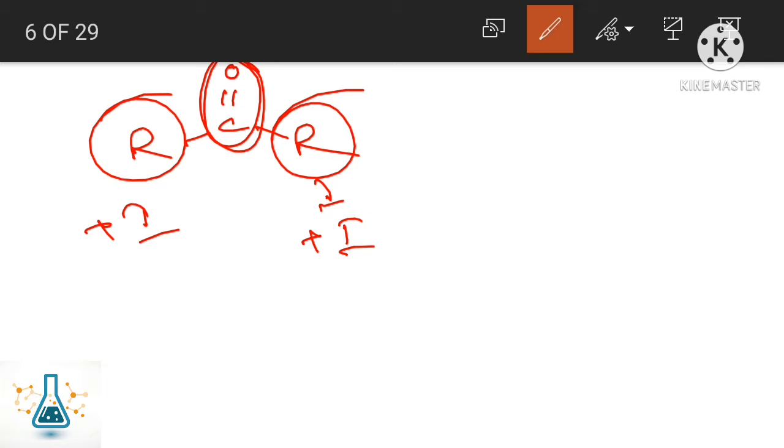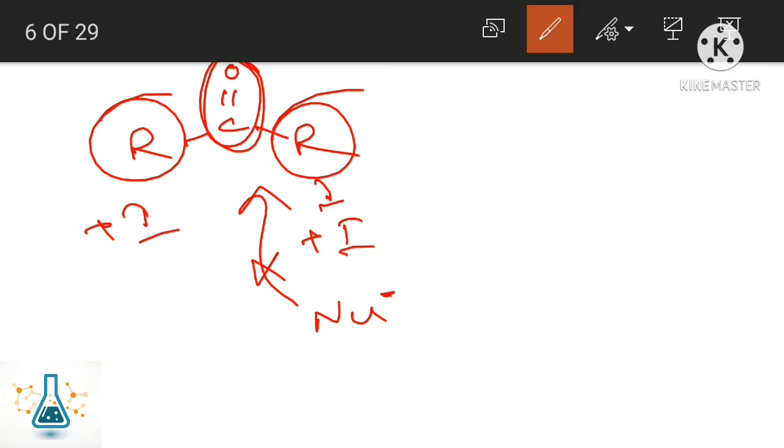This is one reason, and another reason is due to the steric hindrance, the probability of nucleophilic attack by enolate or enol is decreased. So nucleophilic attack is hampered. That is the two reasons the ketone is less reactive than aldehyde.